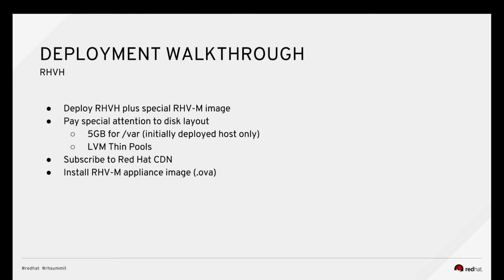You can pull down that image to another host and copy it over to the Red Hat Virtualization host. Or once you start deploying hosted engine, that deploy process will pull it down automatically. Personally, I like to pull it down as part of the subscription process. So deploy RHV-H, subscribe to the CDN, and then pull down the RHV-M image at that time.